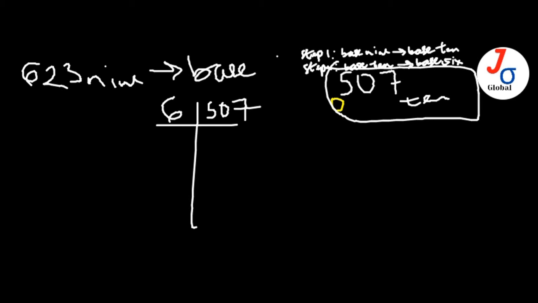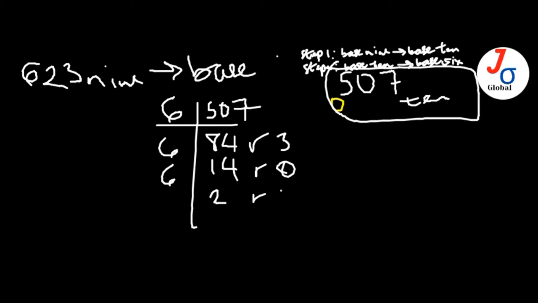So 507 divided by 6, I have 84, remainder 3. Then I have 84 divided by 6, I have 14, remainder 0. And then I have 14 divided by 6, I have 2, remainder 2.